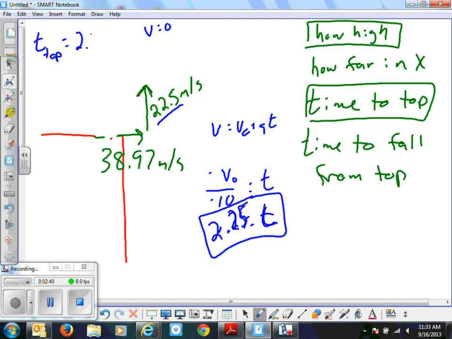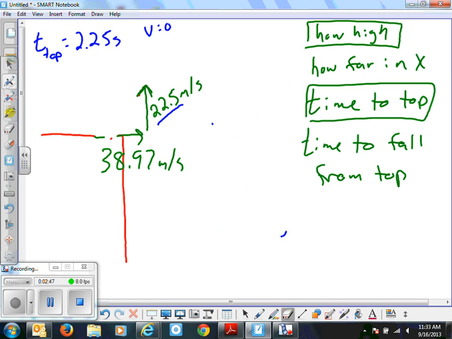So it's 2.25 seconds. Okay, now the next question is how high. So there's a couple different ways to do that. For me, I just look at it and I go, well, my average is going to be 11.25. I multiply it by the time, and I'm going to get about 24-25 meters, right? Now there's a couple other ways to do that.